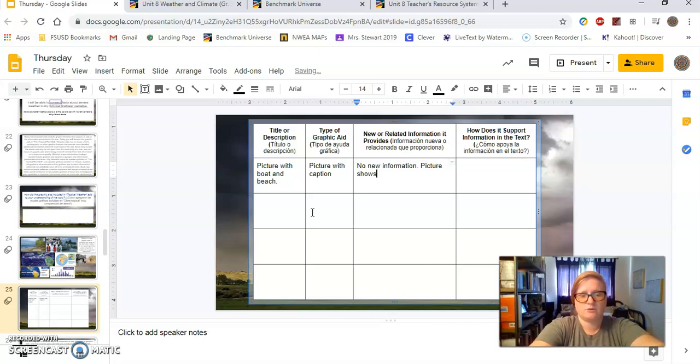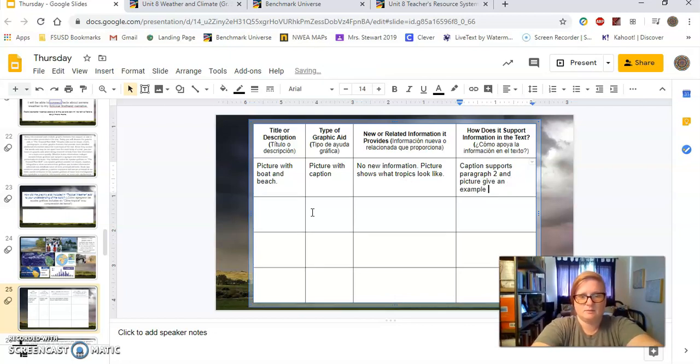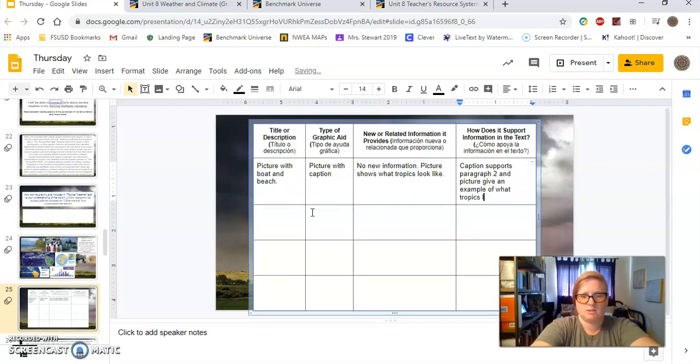Picture shows what tropics look like. How does it support the information in the text? Well, the caption supports paragraph 2, and the picture gives an example of what tropics look like.